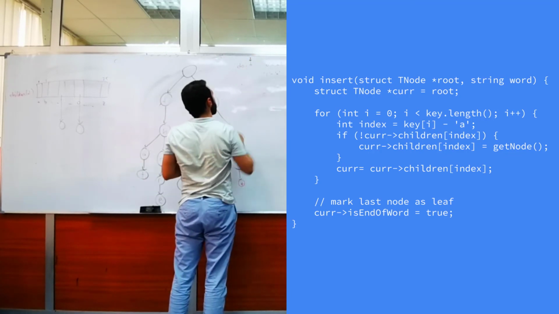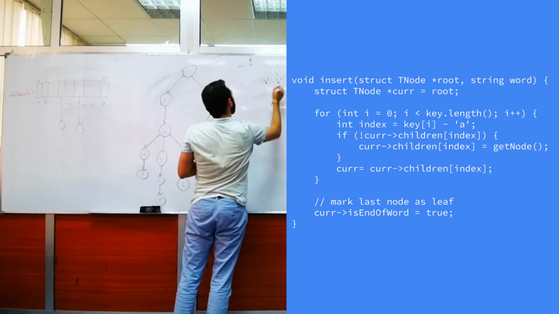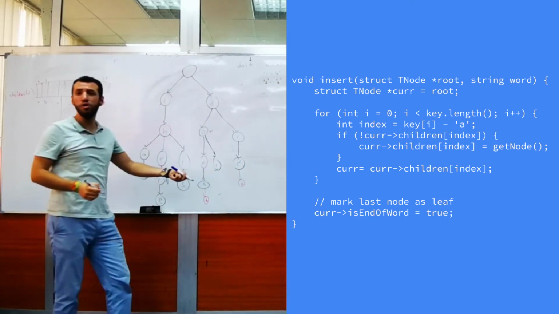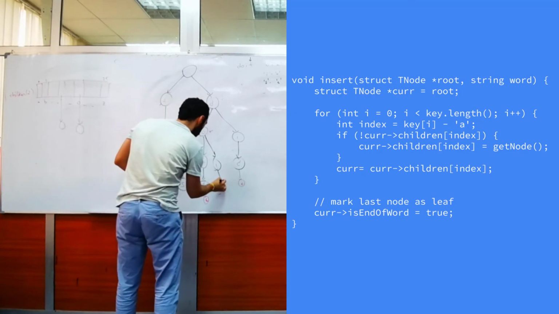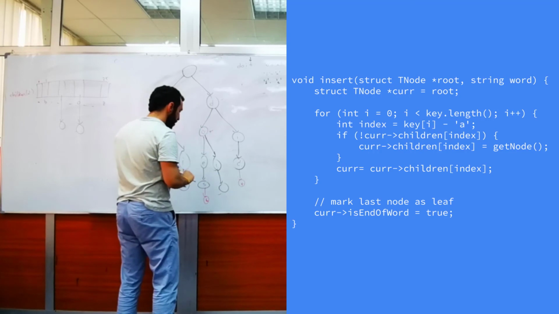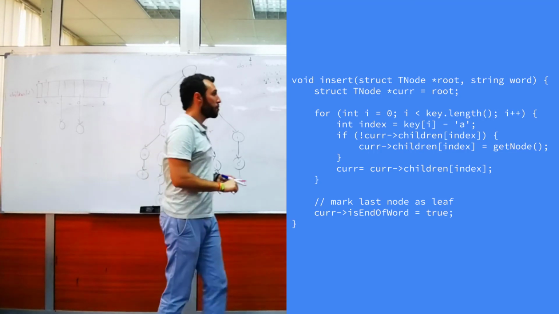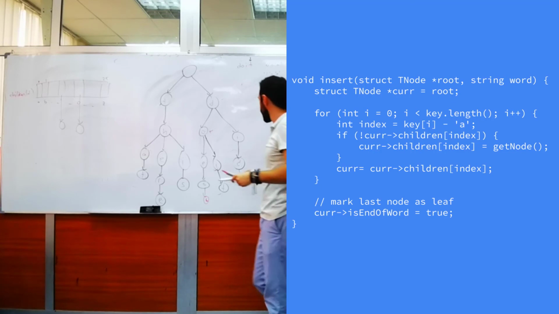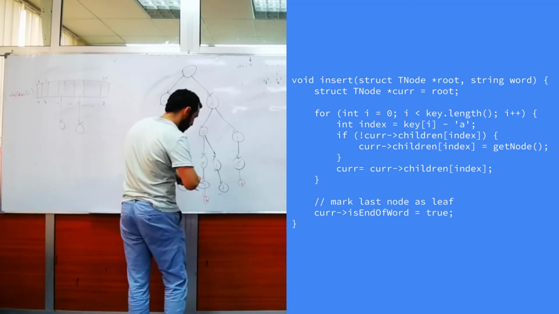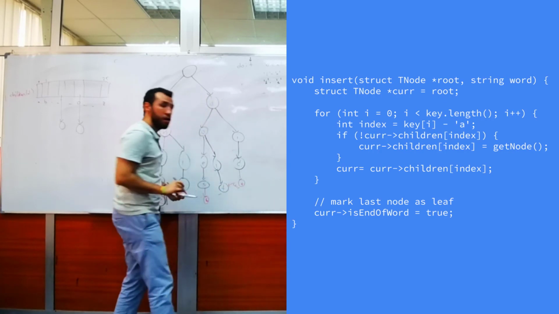Right now it's time to execute on T. So my index is T minus A. And I see that there is no such child here. So I create a new node, and then I put the T inside. Once the execution finishes, my current node is still this one, right?